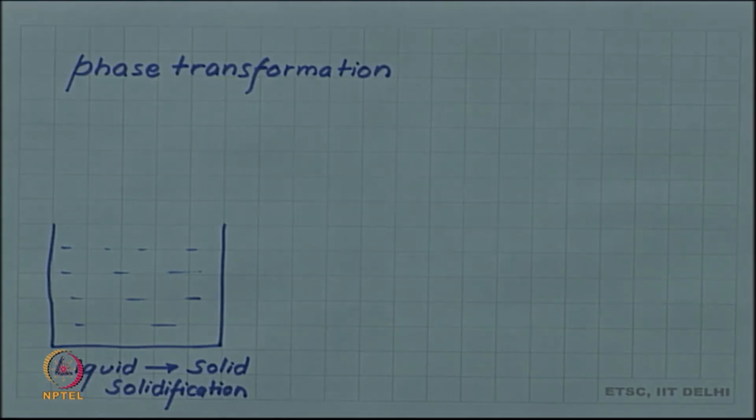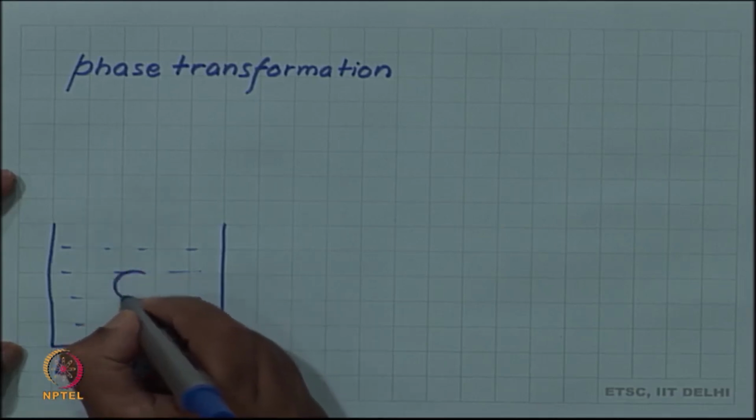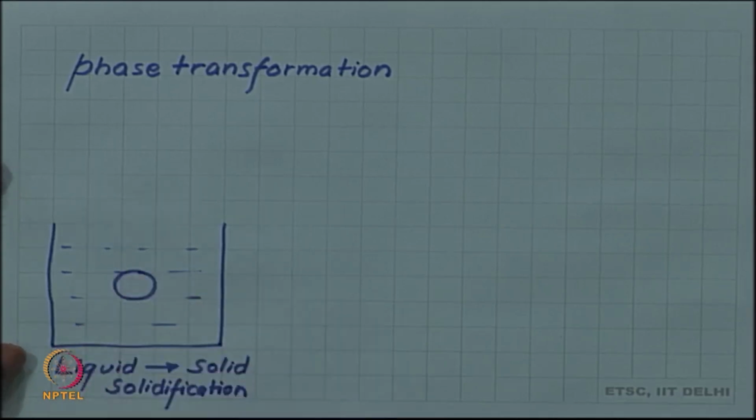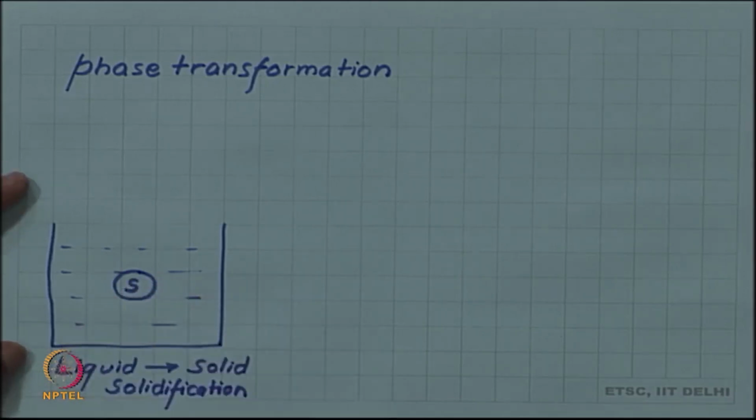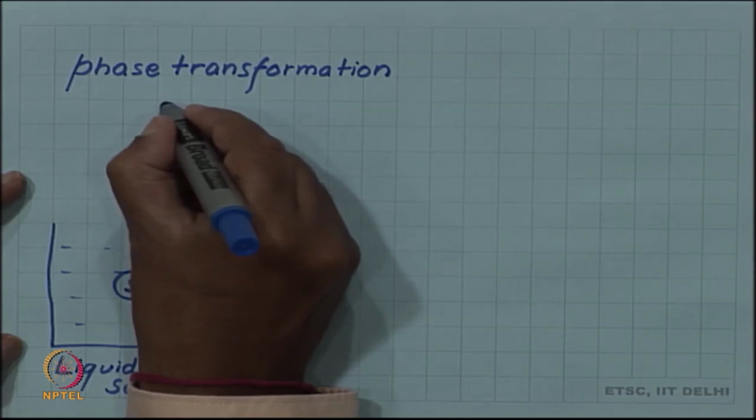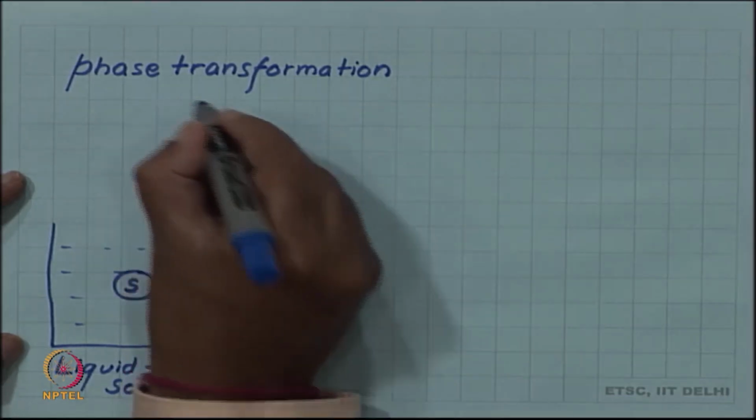Now, if liquid is going to solidify or form solid, a solid region has to first form. This first formation of a new phase is called nucleation.